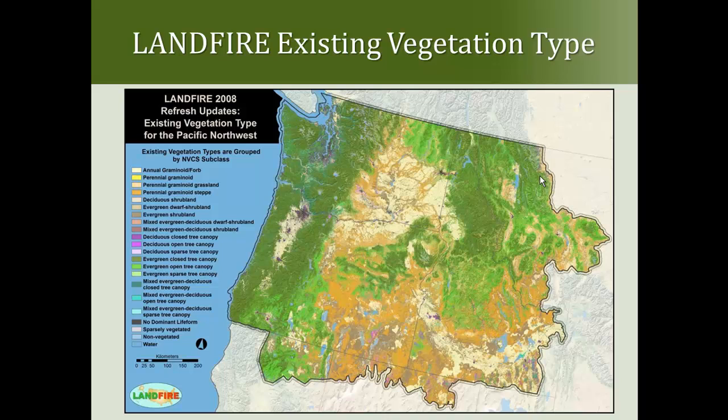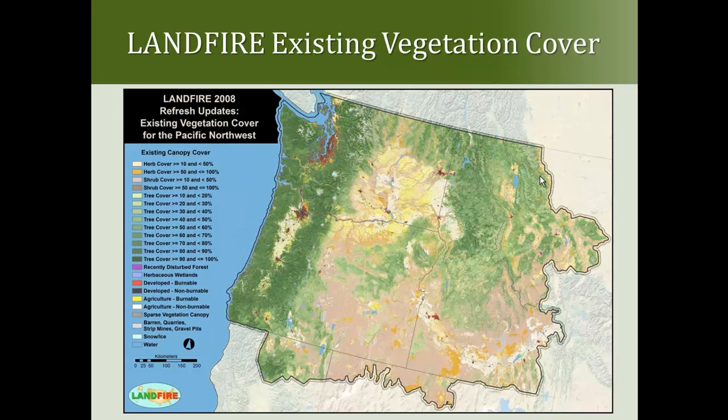In the attribute table, you can pick multiple ways to display the data, including the Society of American Foresters / Society for Range Management legend, if that's more useful for you. As in the last map, this data represents conditions on the ground for 2008. We now have 2010 data and will soon have 2012 data.